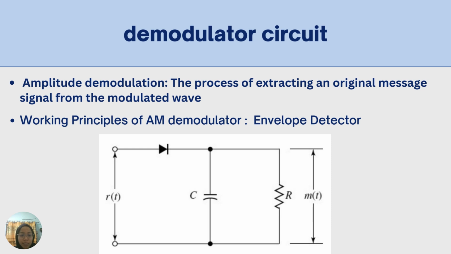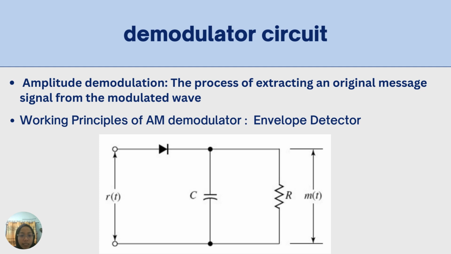The AM wave is given as input to the detector. During the positive half cycle of the AM wave, the diode will conduct and the capacitor charges to the peak value of the AM wave. If the AM wave value is less than the capacitor value, the diode will be reverse biased.